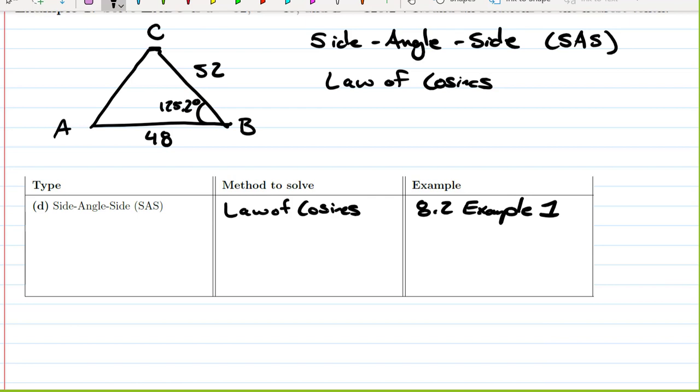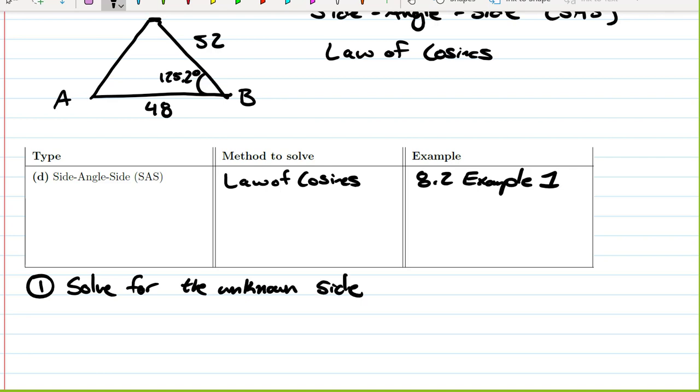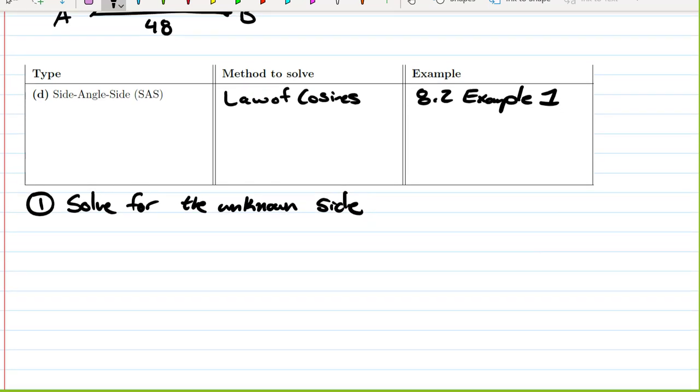So when we're doing the law of cosines, so we have side angle side, the first thing we need to do is solve for the unknown side across from the known angle.